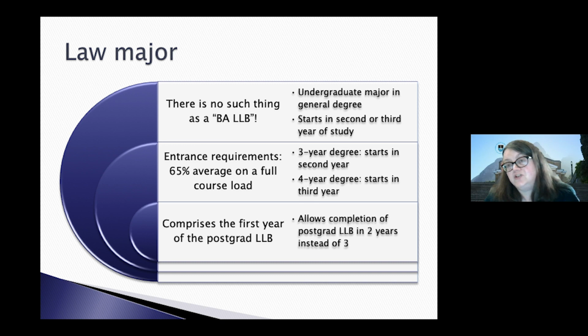What the law major does is to take the courses that are usually taught in the first year of the postgraduate LLB, the Bachelor of Laws, moves them into undergrad, makes them into a major. You take up half your undergrad degree with them, and then you do your postgraduate LLB, which is the degree that allows you to actually practice as a lawyer, in 2 years instead of 3. So the undergraduate law major knocks 1 year off your postgraduate LLB.